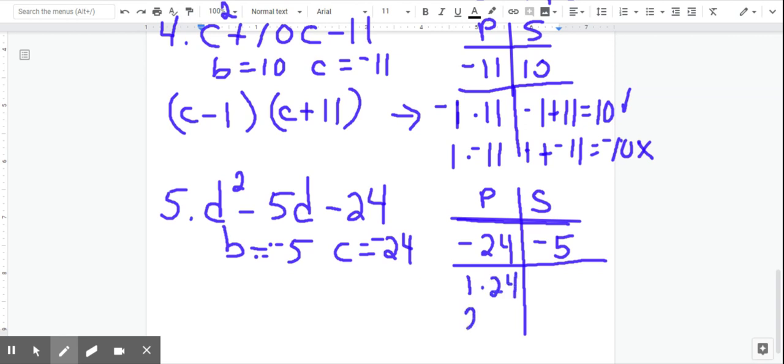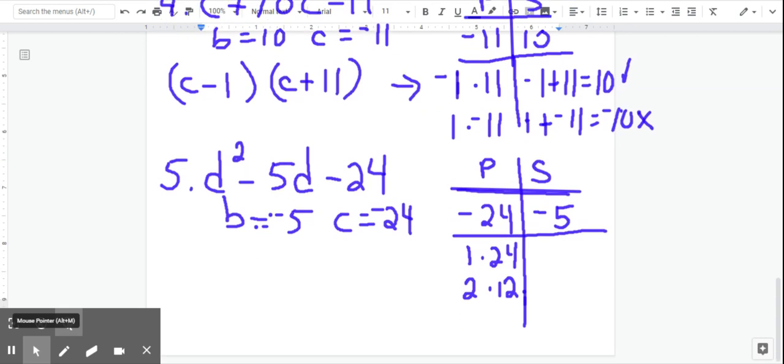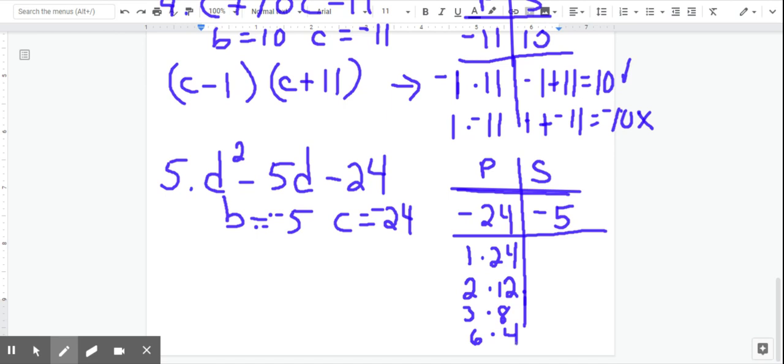You could say 2 and 12, 3 and 8, or you could say 6 and 4. All of those are possible answers. Of course, one has to be negative, one has to be positive. We can figure that out later.